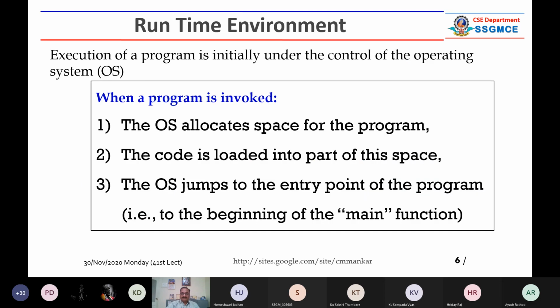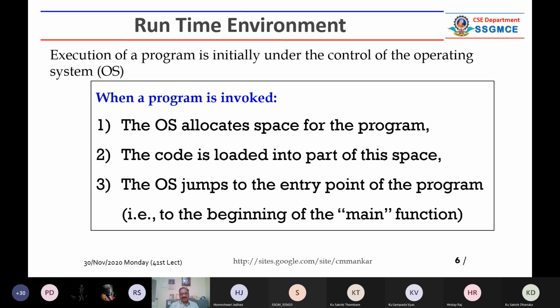Now, as I told you, the runtime environment is a concept. It is not a thing, it is an environment. Certain things are there that we have to consider. Whatever the executable image or run image is, it is handled by the operating system.